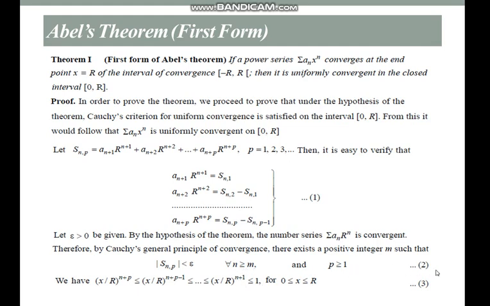We say this is equation number 2. We also have (x/R)^{n+p} less than or equal to (x/R)^{n+p-1} up to (x/R)^{n+1} less than or equal to 1 for all x belonging to [0, R].